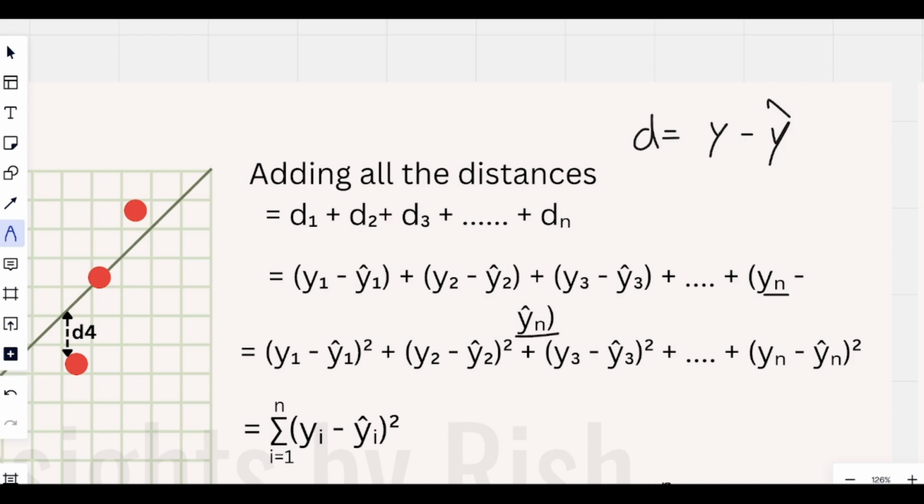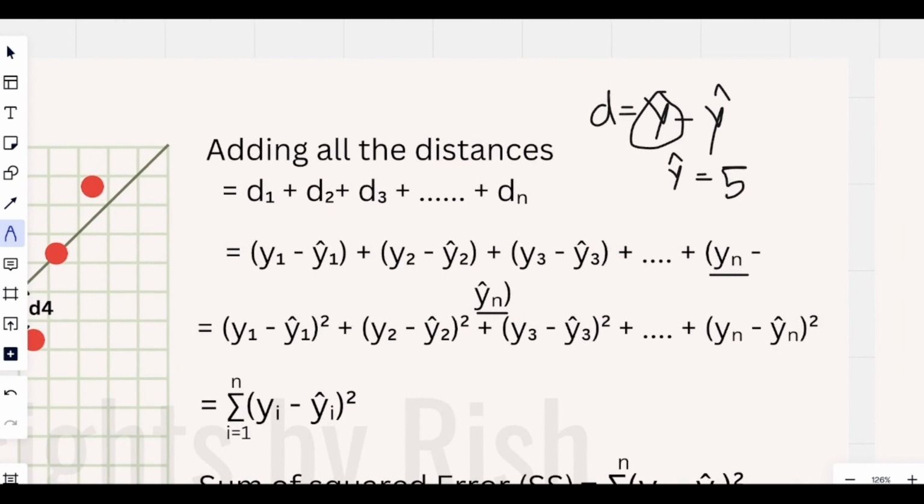Now in some cases it can happen that the predicted value is greater than the actual value. Let us consider that our model predicted a value to be 5 and the actual y value is 2. In that case, your predicted value is greater than your actual value, and you may get a negative value.